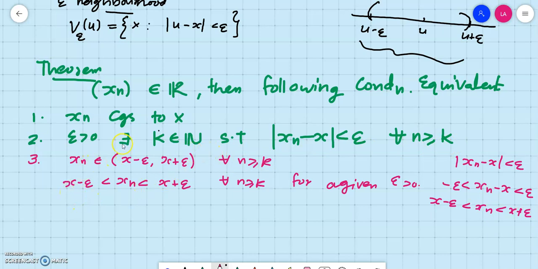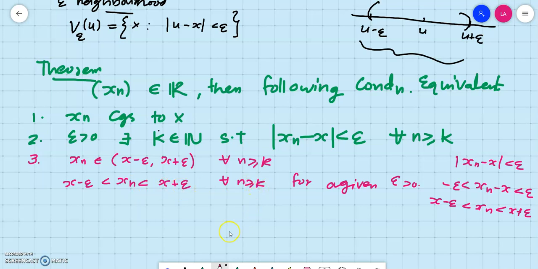So a sequence xn converges to x is equivalent to saying that for every epsilon greater than 0, there exists a natural number k such that x minus epsilon is less than xn less than x plus epsilon for all n greater than or equal to k.